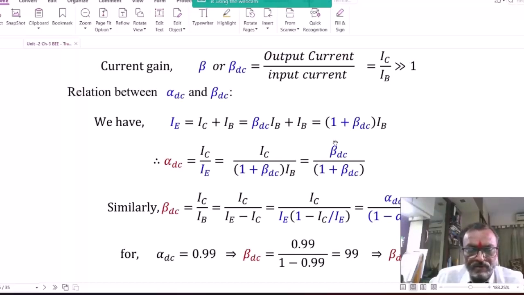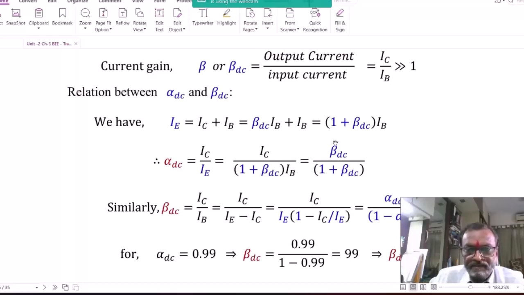We know that the current gain alpha DC in common base configuration is the ratio of IC by IE. So just substitute the value of IE from the above equation. It becomes IC upon 1 plus beta DC in bracket into IB.